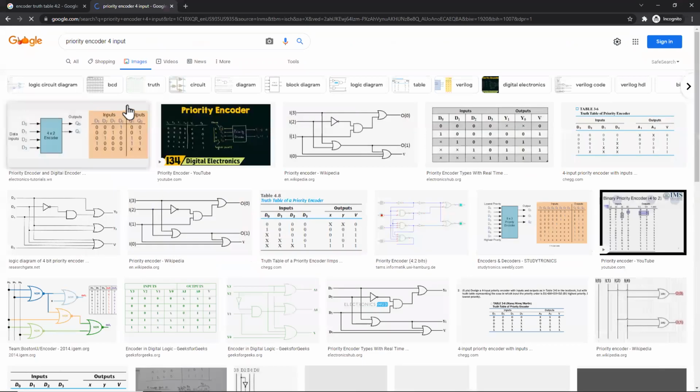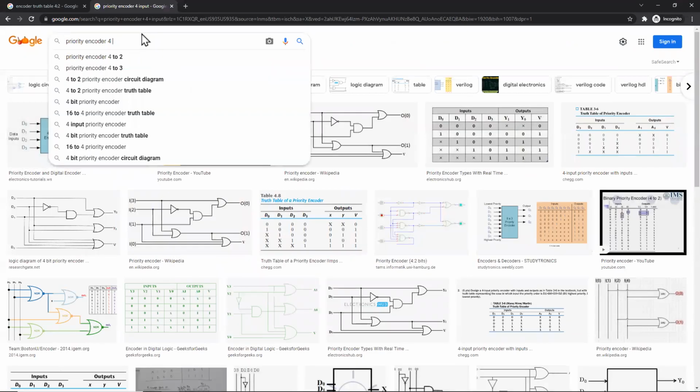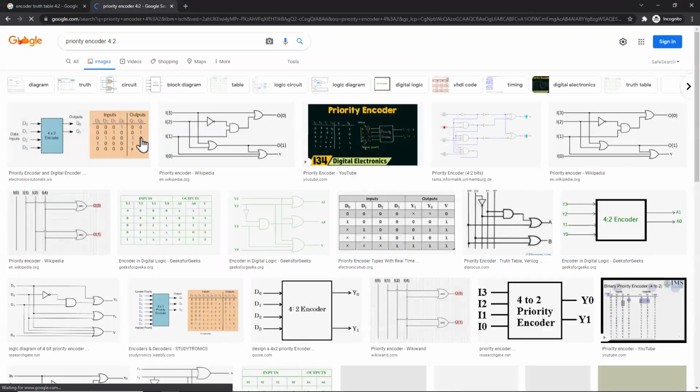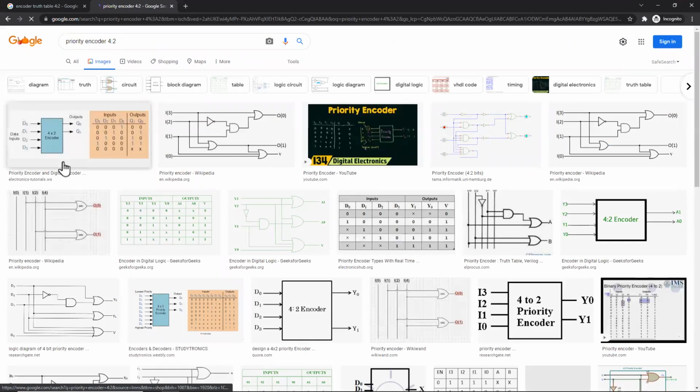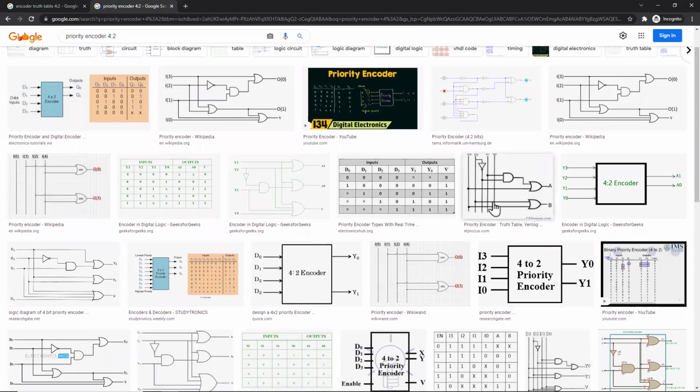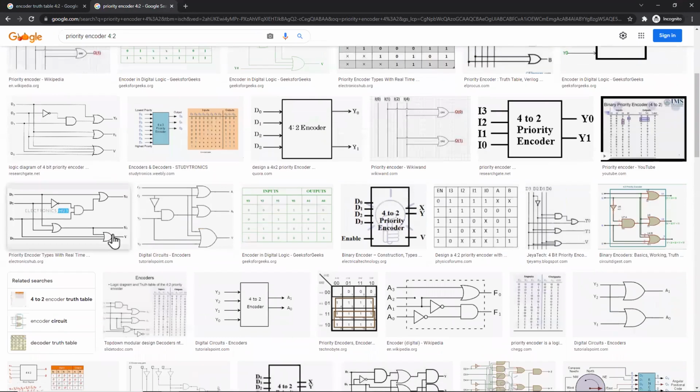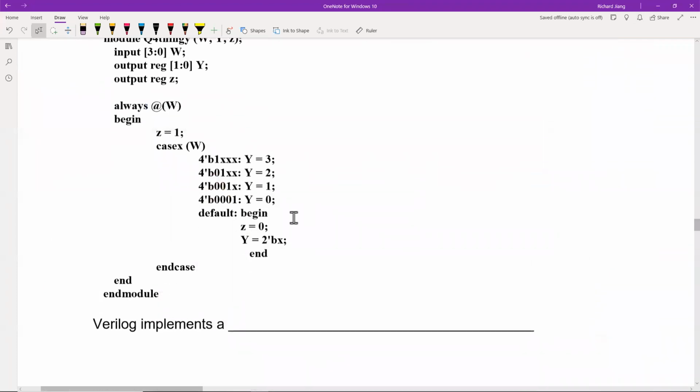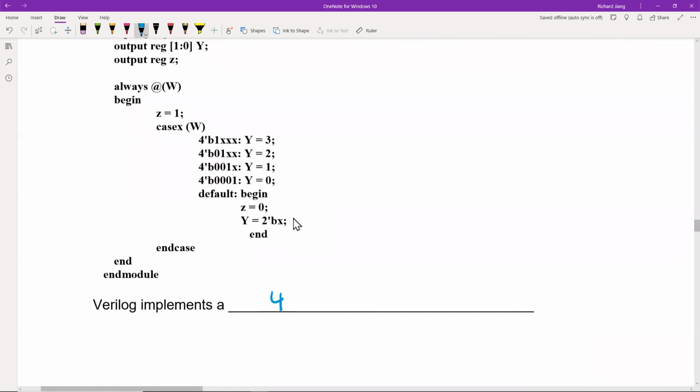So it's a 4-to-2 priority encoder, and I'll explain what that means in a little bit. These pictures don't do a good job of showing it, so let me write out what it means. But for now, you're right. It's a 4-to-2 encoder for sure. But there's an additional thing that we have to add there.